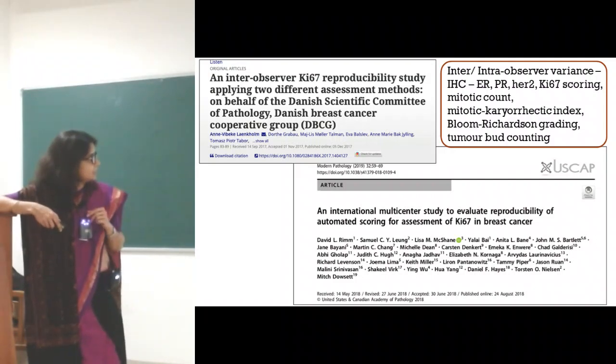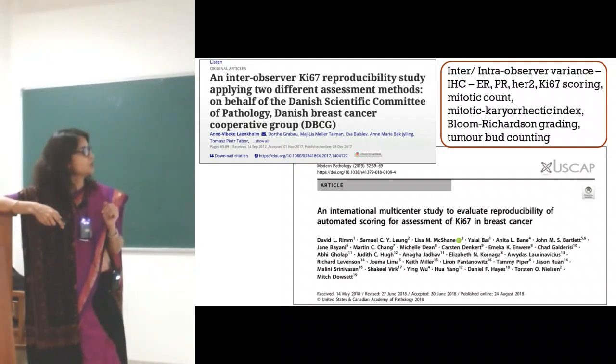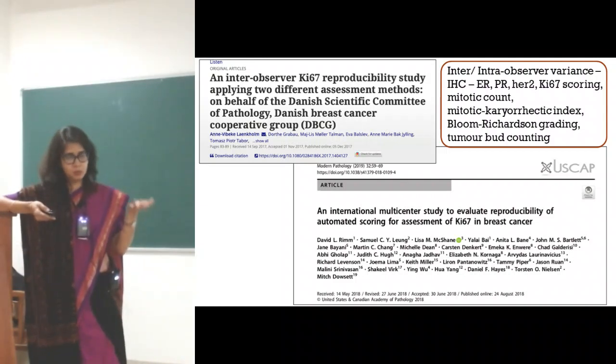And this international multi-center study has shown that automated scoring of Ki67, using digitally scanned images and computer-based scoring, is a lot more accurate. The gold standard is still experts doing histopathology reporting on glass slides, but inter-observer variability is lower in the automated techniques.